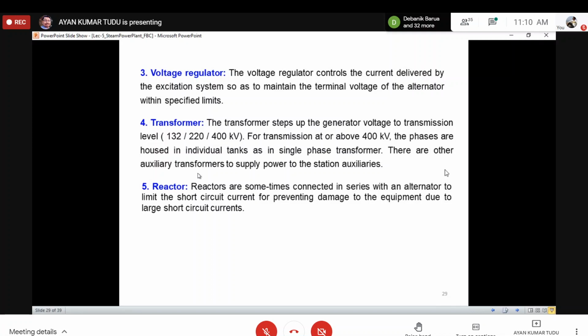Number one is to keep the AC output voltage of the alternator within the specified limits. Second, the voltage regulator is required for proper sharing of reactive power between alternators operating in parallel. And the third one is to suppress the Ferranti effect.